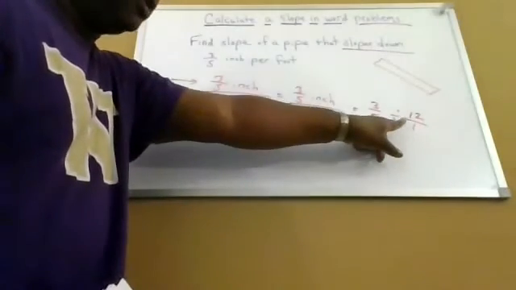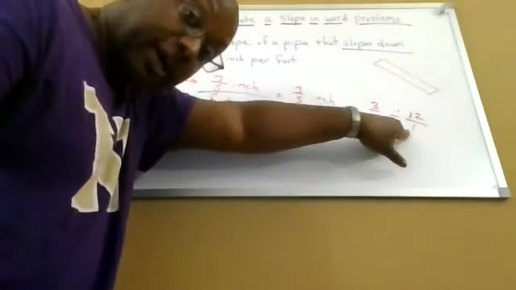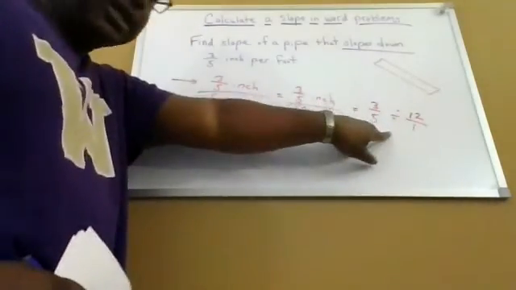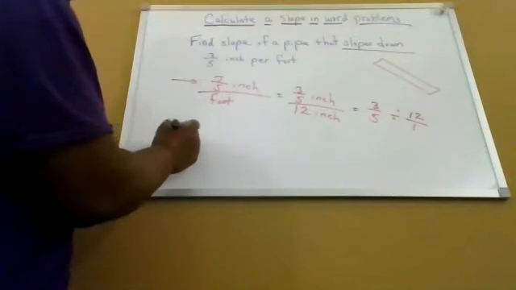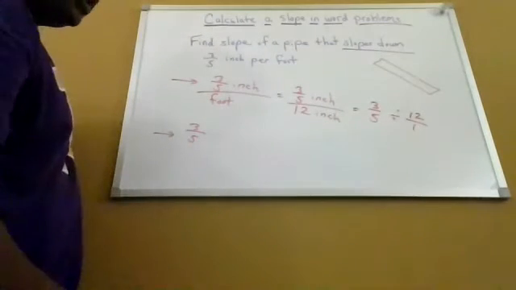So I just rewrote 12 as 12 divided by 1 because 12 divided by 1 is 12. Okay. Now we're going to continue this over here. We have 3/5.